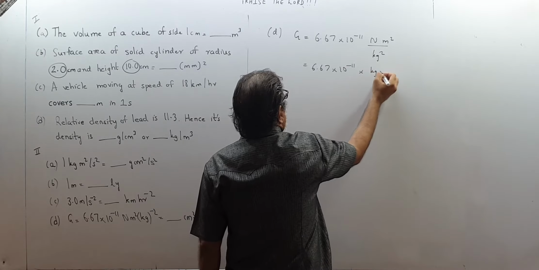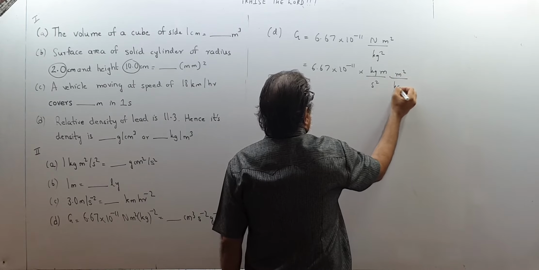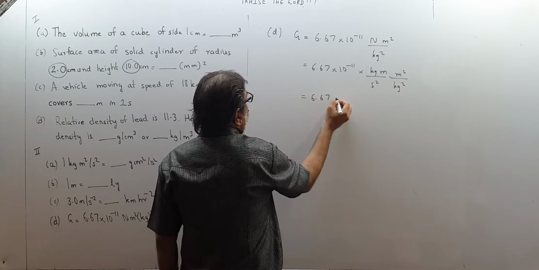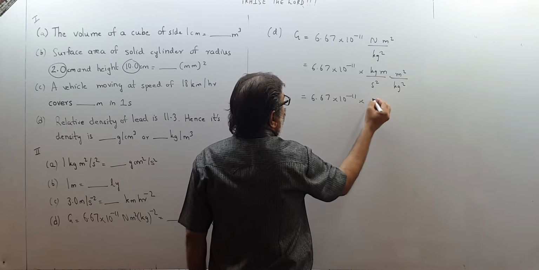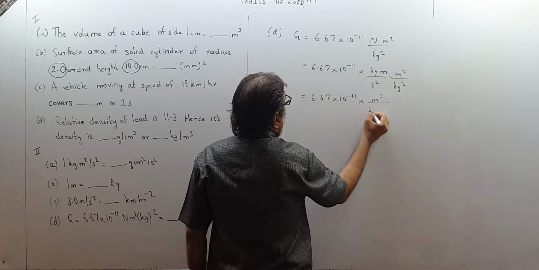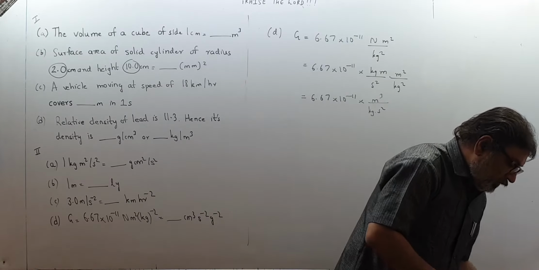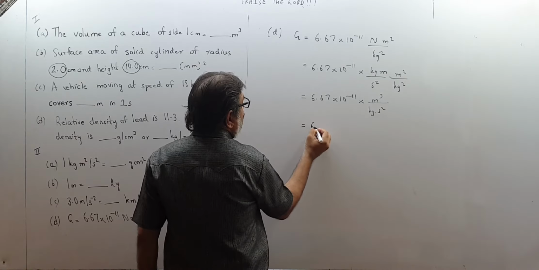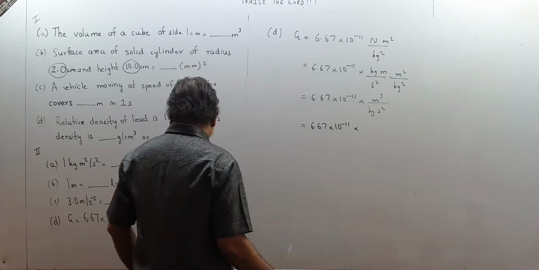Newton means kg meter per second square into meter square upon kg square. So this will be 6.67 into 10 raised to minus 11 meter cube upon kg into second square.